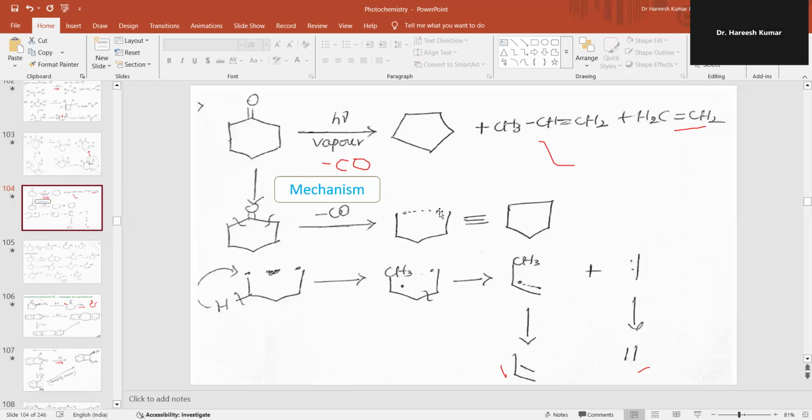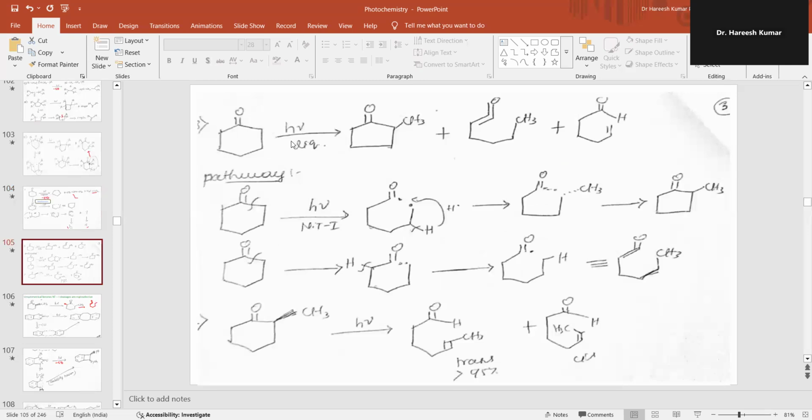Suppose the obtained 1,5 diradical abstracts a hydrogen radical from the alpha position, then there is a conversion of this CH2 into CH3. This leads to formation of a secondary radical. Then what will happen if there is a cleavage of this carbon-carbon bond? Here there will be a double bond formation, and here there will be a double bond formation. This is how propene and ethene are formed. Let's take one more example.